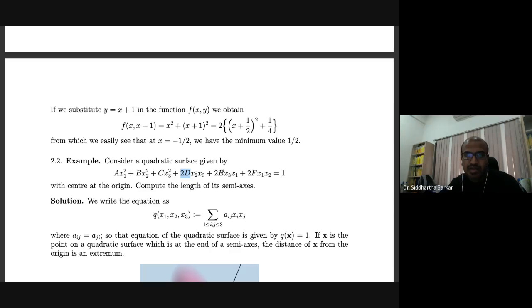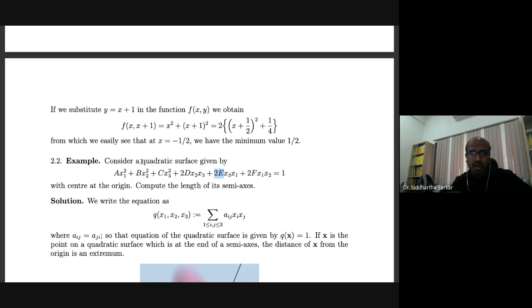Similarly, I can do the same for the other ones. In this case, whatever matrix you get, which is a_ij, should turn out to be symmetric, obviously, but the quadratic surface requires that I invoke this as a positive definite form. If you don't assume this, it is going to be a little bit of a problem.